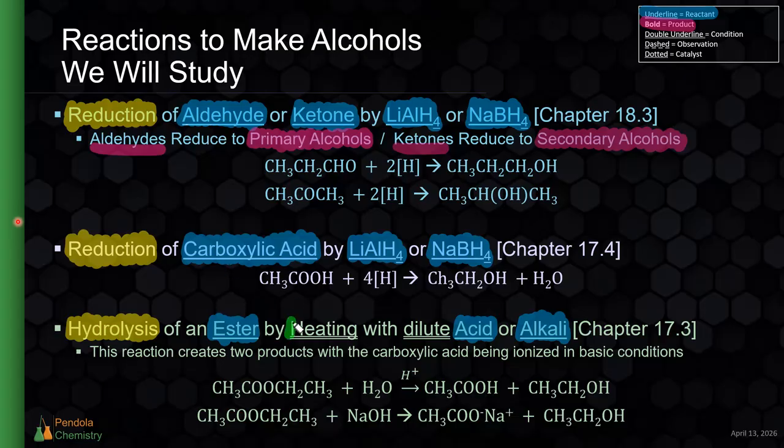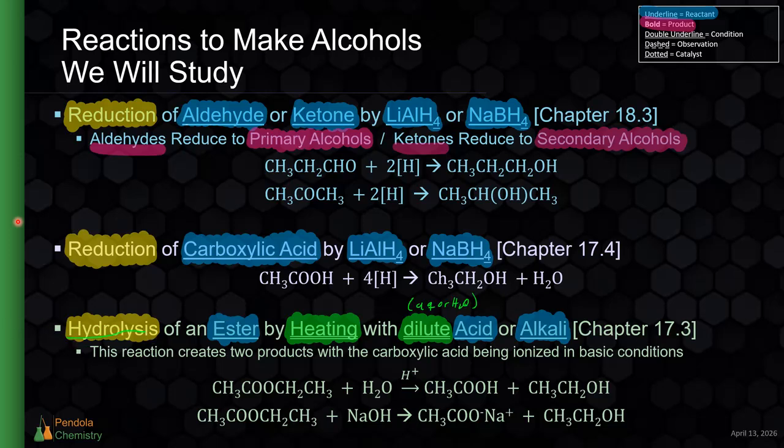We need to have the ester be heated and the acid or alkali be dilute. And again, whenever we see the word dilute here, remember that dilute means dissolved in water. So that means aqueous, or the fact that there's H2O present. That's what makes this a hydrolysis reaction.